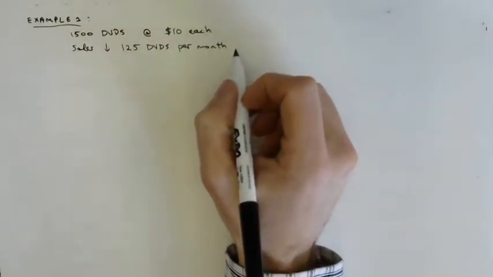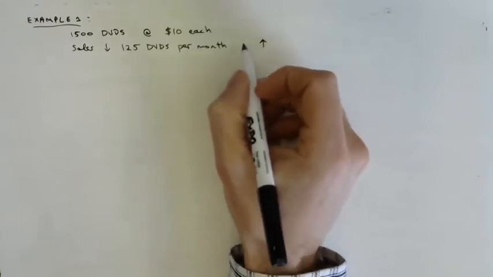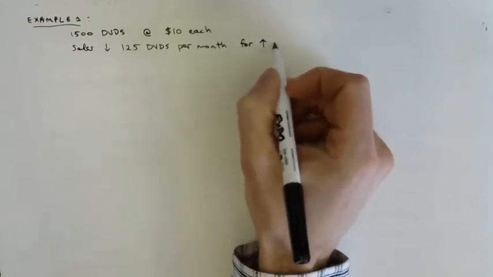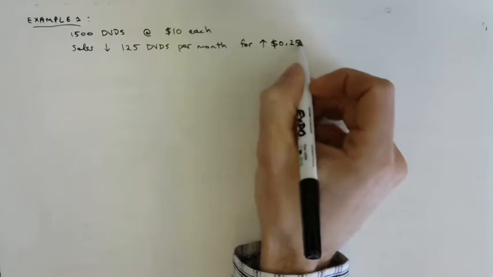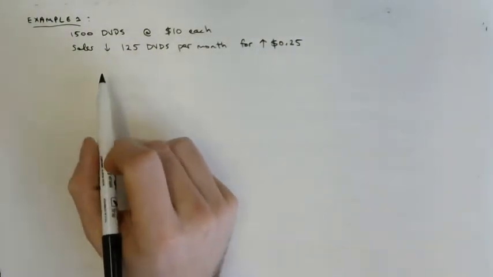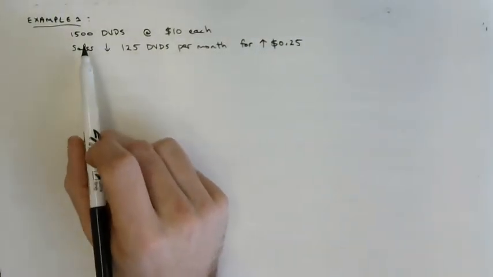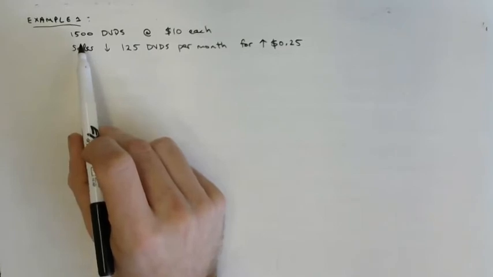So we have a price increase for every increase of $0.25. Okay. So we have our starting numbers. So we have a basic demand function.